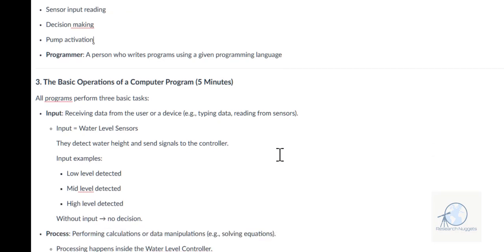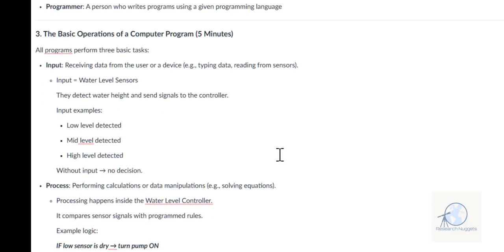We switch gears a little bit, and now we look at the three parts of any operation that a computer normally undertakes. We have said that every activity done by a computer is normally in three phases. We have the inputs, the process, and the output. Any program will generally perform those three roles.